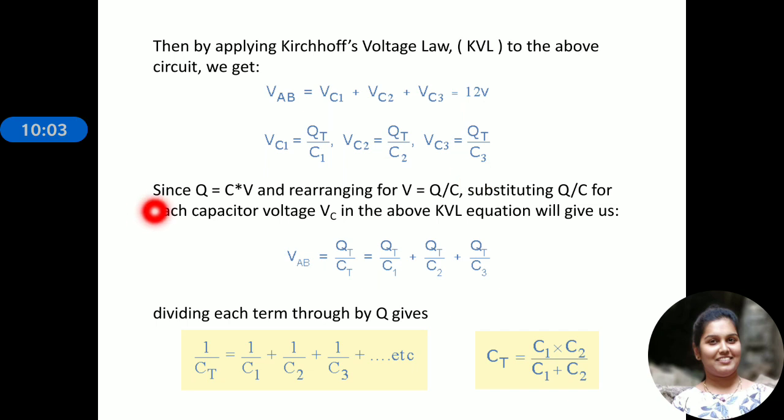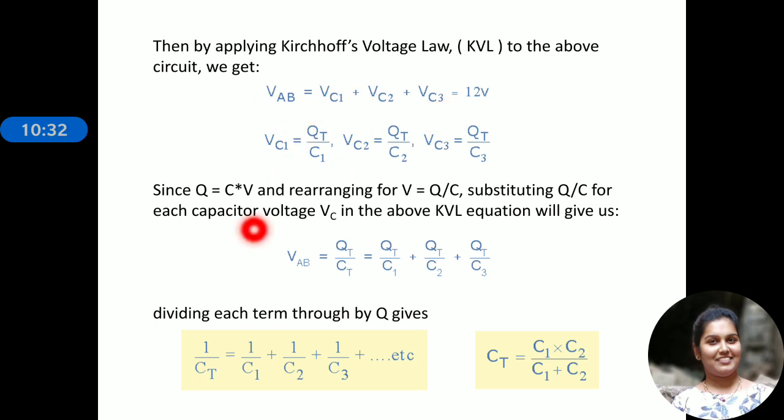Okay, we know that Q is equal to C into V, and by arranging according to V, we can write it as V is equal to Q by C. So what we can do now is, as we got to know the values of VC1, VC2, VC3 as Qt by C1, Qt by C2, Qt by C3, substitute these terms here in this expression.